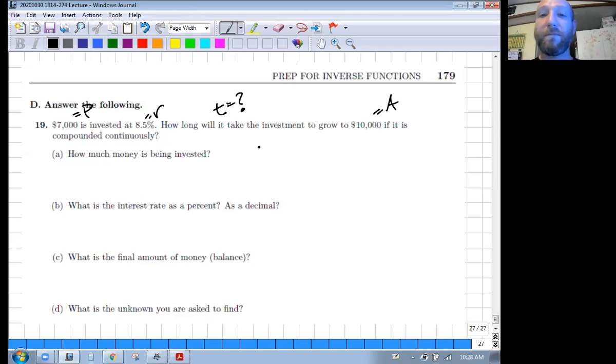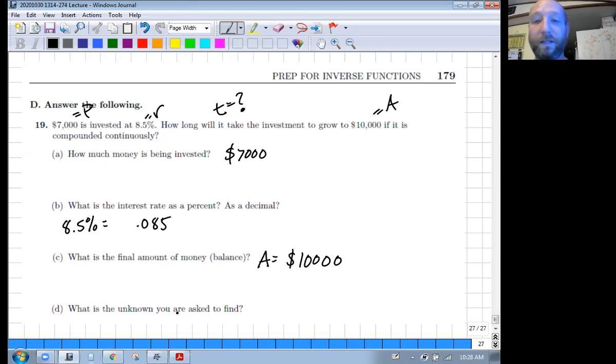All right, well, how much money is being invested? 7,000. Interest rate as a decimal is 0.085, or 8.5%. The final amount is 10,000. What is the unknown? They're asking for the time.